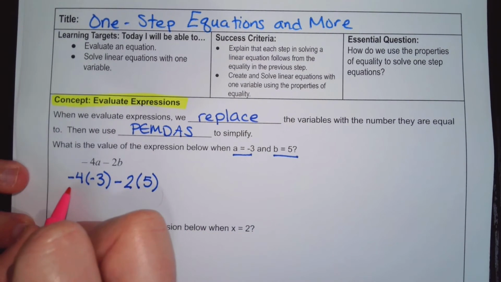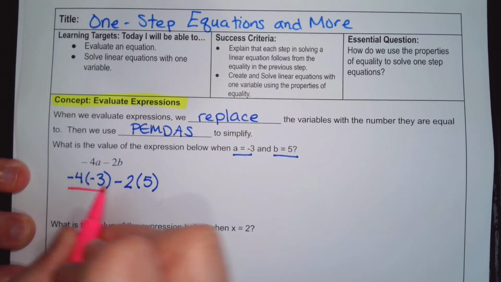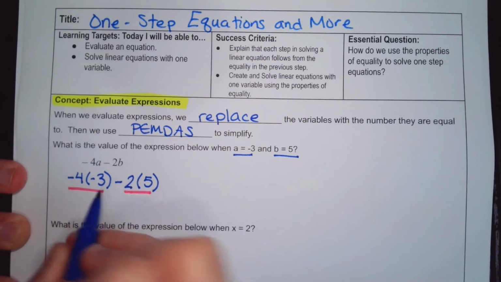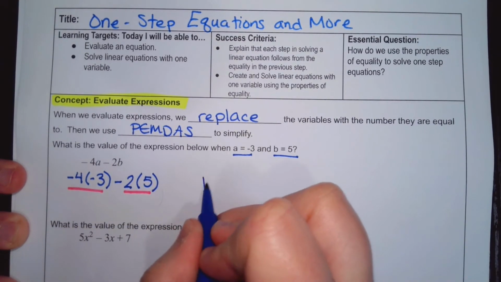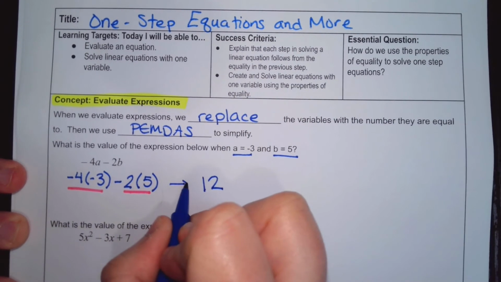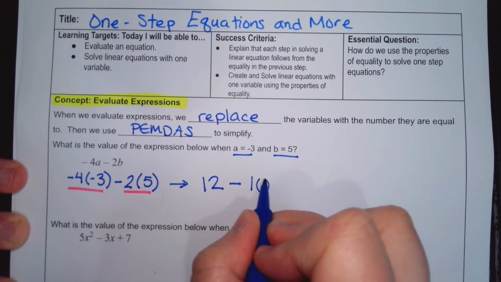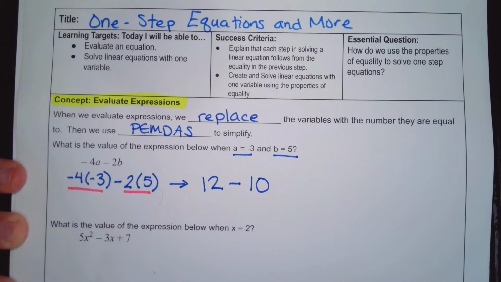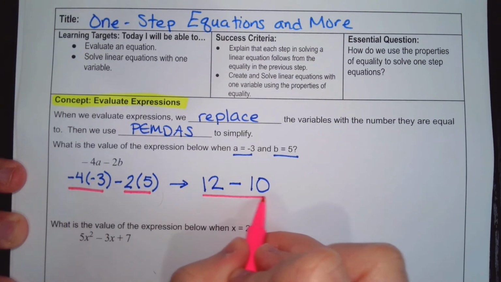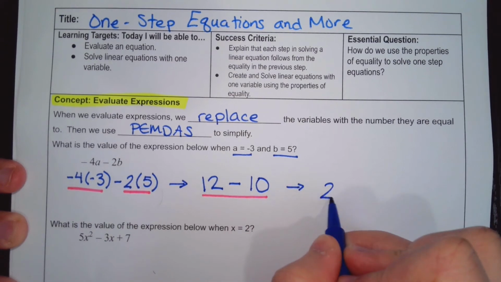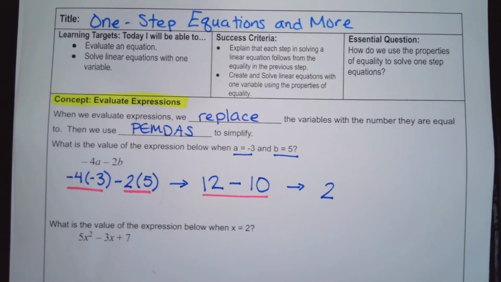So we are going to simplify negative 4 times negative 3 and 2 times 5. Negative 4 times negative 3 is positive 12, minus 2 times 5 is 10. Now we can simplify 12 minus 10, and we get 2.